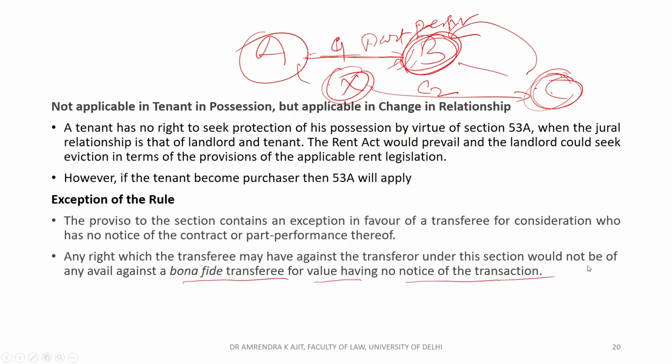So, the right of the transferee against the transferor under this section would not avail against the bona fide transferee, who is a transferee for value, having no notice of that transaction. Then again C will not be responsible for any right of B against A over this property. So, the right of part performance will not be applicable against the bona fide purchaser in this case.